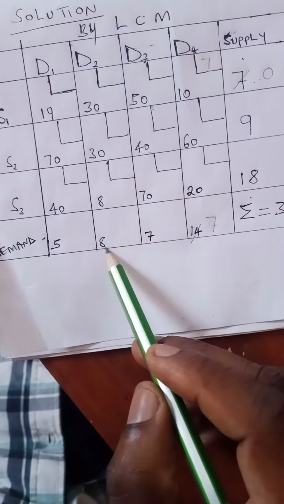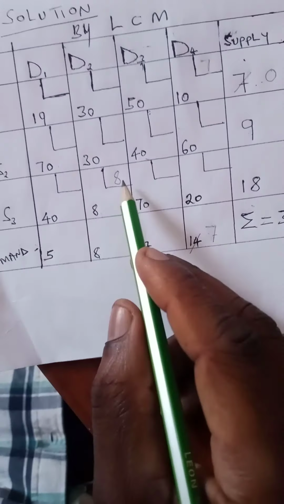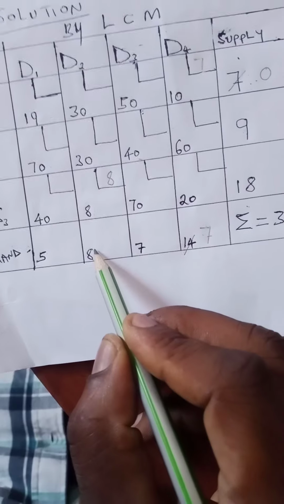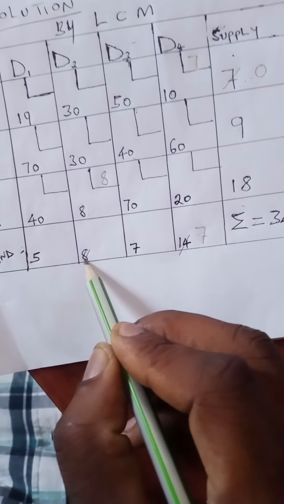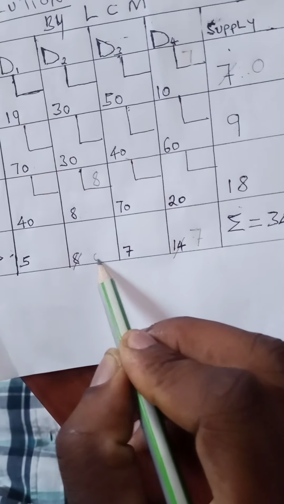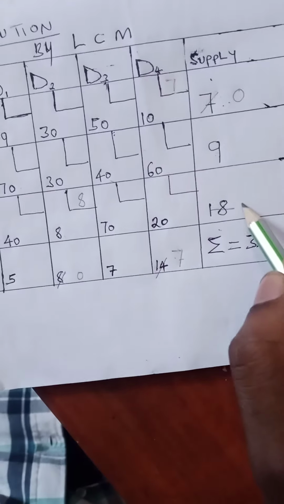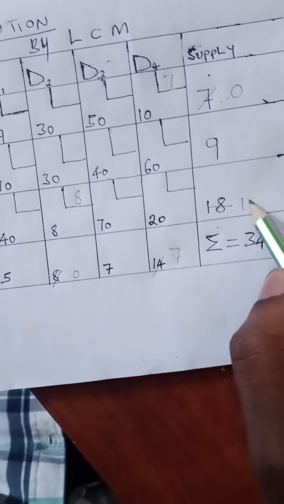Since our demand is 8 and our supply is 18, we can supply 8 here. After supplying 8, we subtract 8 from the demand, and it becomes 0. Here we subtract 8 from the supply, and it remains with 10.